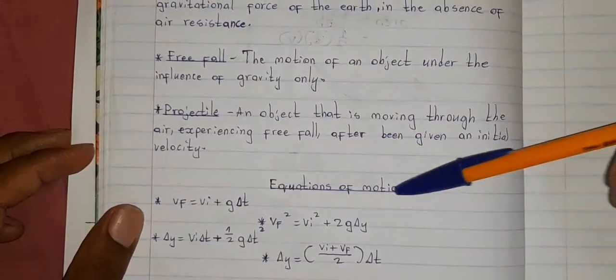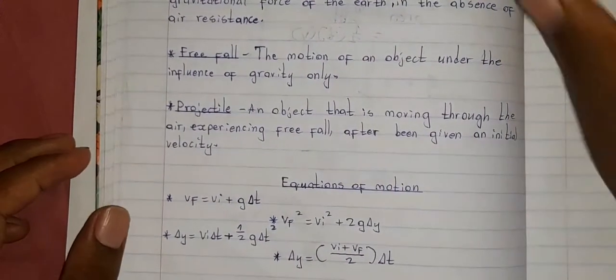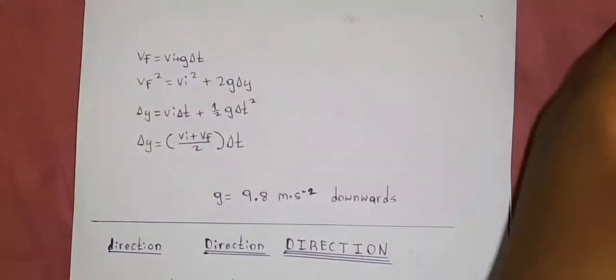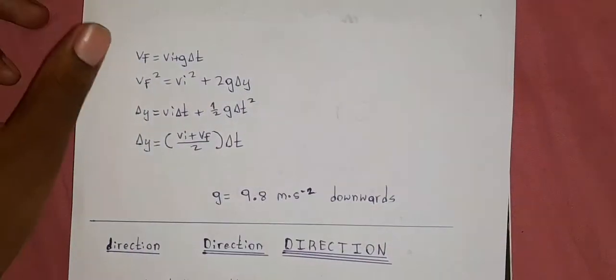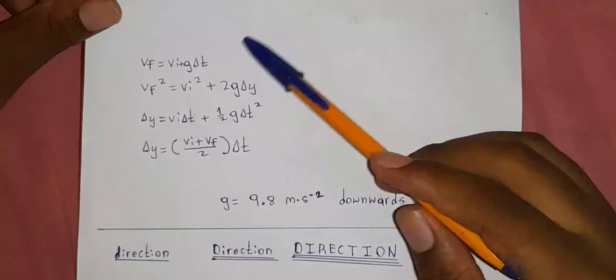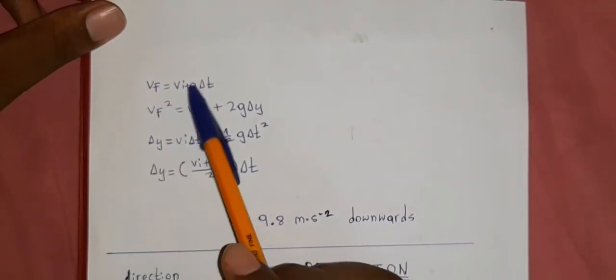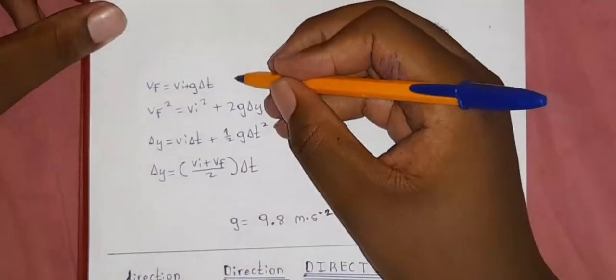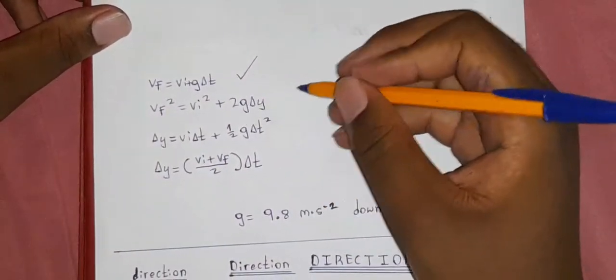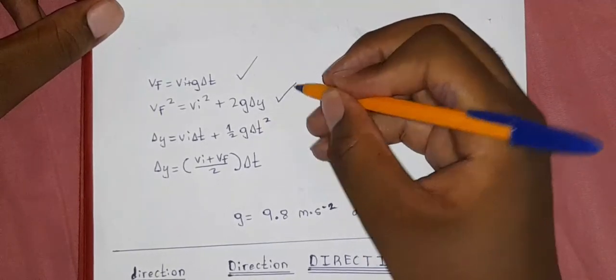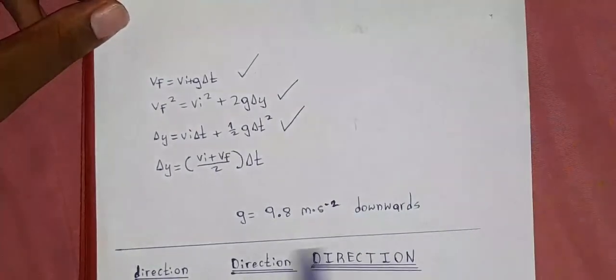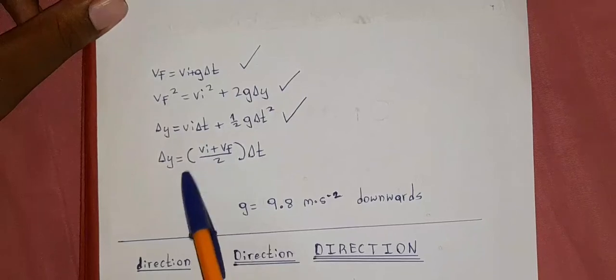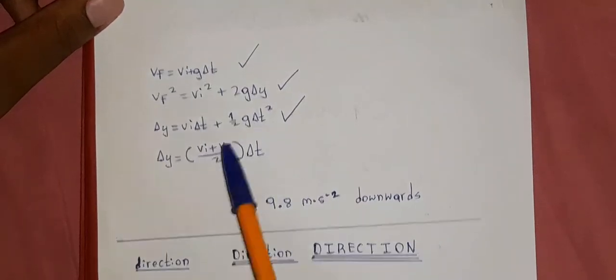And we have equations of motion, which I will introduce here. They are in your formula sheet. The first one says Vf is equal to Vi plus g times change in t. You will use this equation a lot. This one, most people don't use it, but it works just fine.